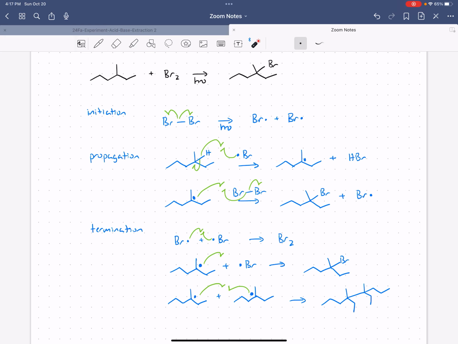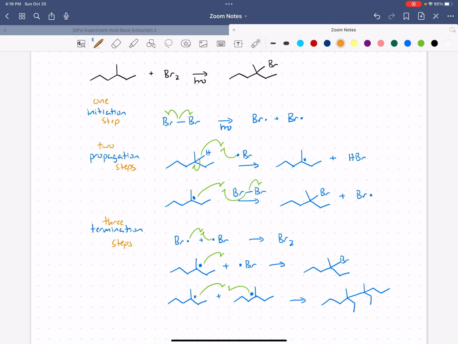Some notes. Let me write these notes in a different color. Let's try orange. Okay, the first thing is there's one initiation step. There are 2 propagation steps, and there are 3 termination steps. Let's see, what else can we say?